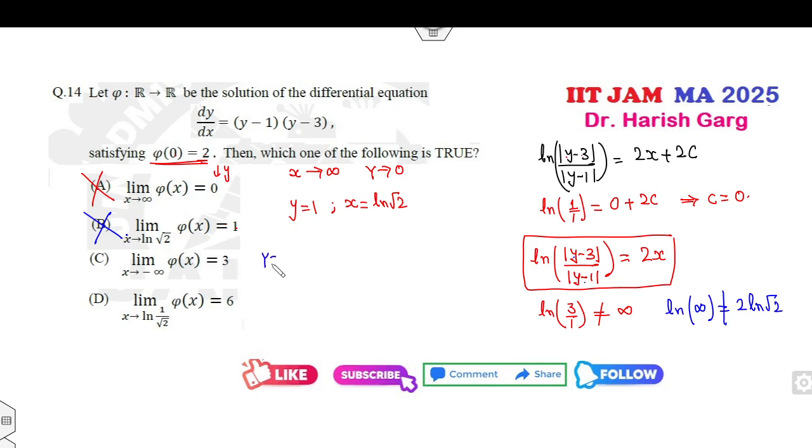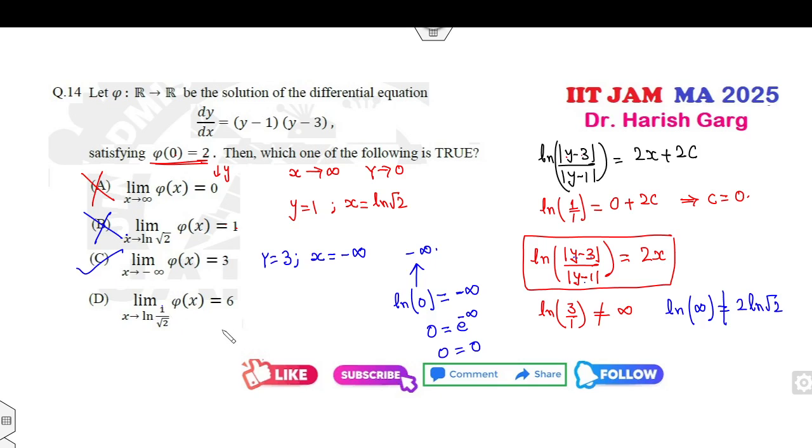Third option, y is equal to 3, x will be minus infinity. If I substitute here, it is ln of 0 and it is minus infinity. Yes, you can see 0 is e raised to power minus infinity. Correct option. Moreover, the value of the log of 0 is minus infinity.